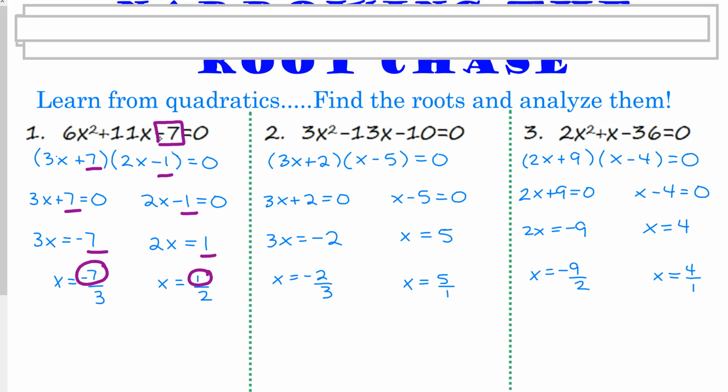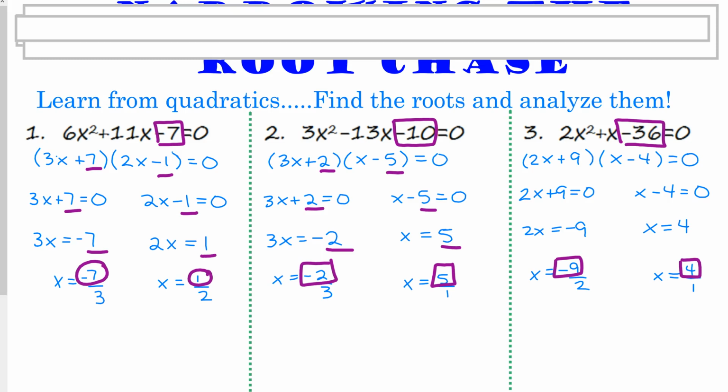And if we think about the other 2 examples, the numerators 2 or -2, 5, those came from the constant as well. Those are factors of the constant. Same thing here, -9 and 4 are factors of -36.